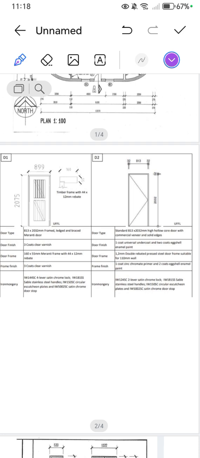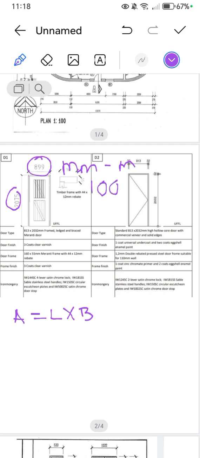So we have the 2075 by 899. If we calculate the area for that, the area is your length times your breadth. And remember, these values are given in millimeter. So if I'm going to convert them to meter, it means I have to divide by 1000.